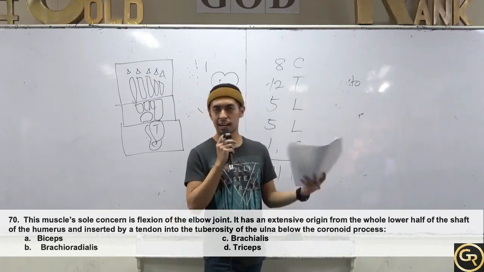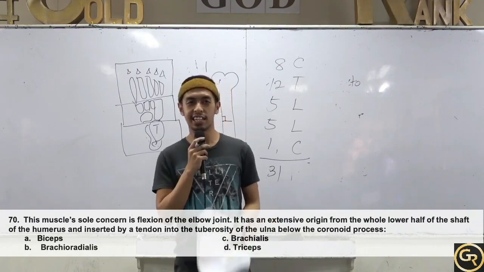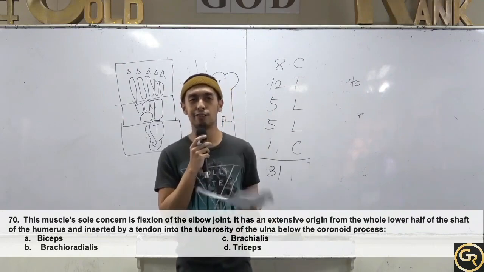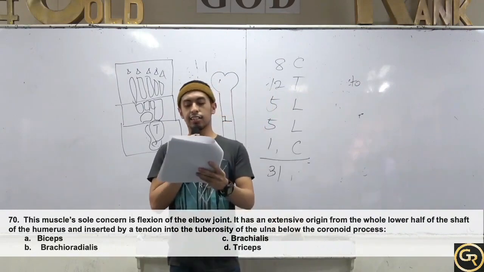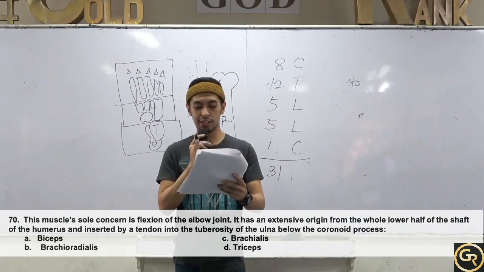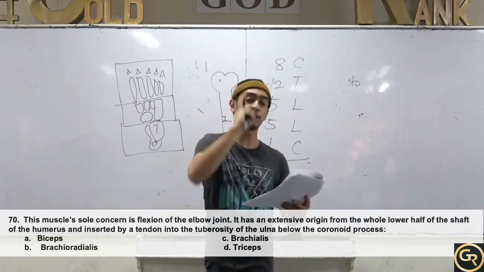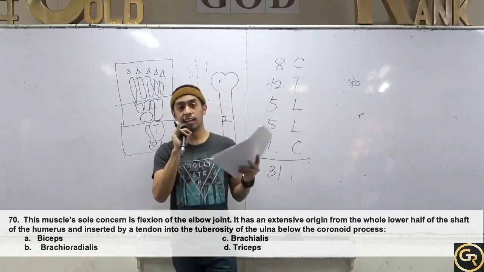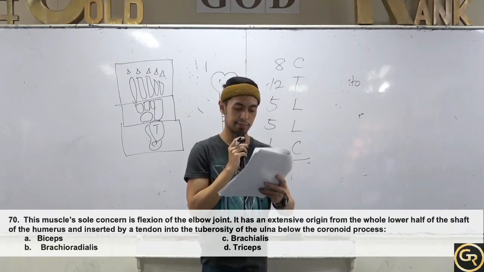Siya lang po ang katangi-tanging elbow flexor natin na nag-i-insert sa inyong ulna. Sino po yun? It's your letter cat, your brachialis, okay? Your brachialis muscle, otherwise known as our workhorse muscle for elbow flexion.